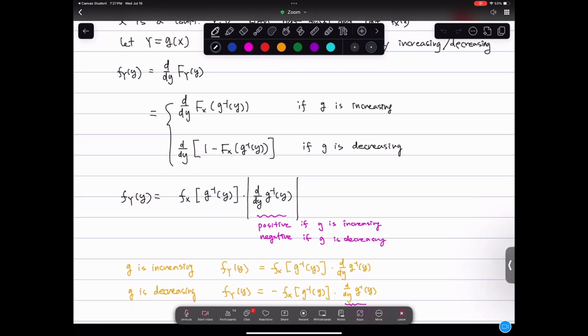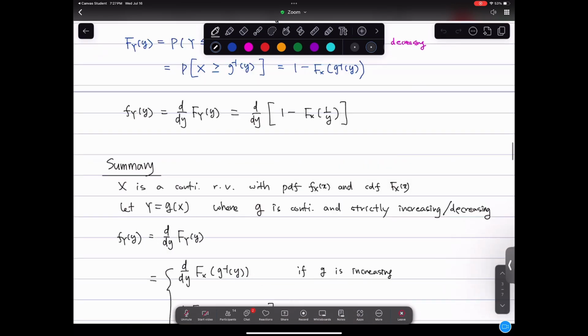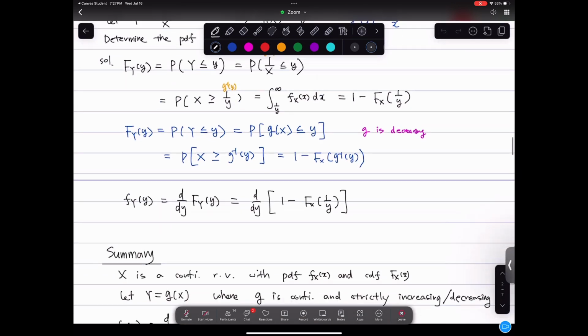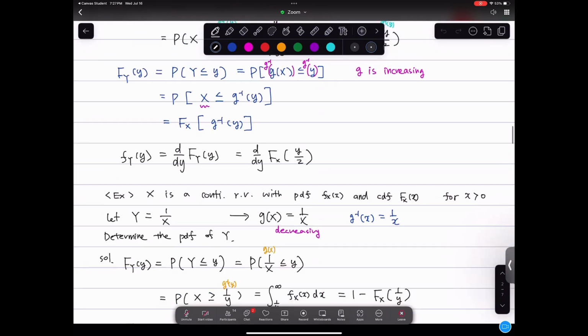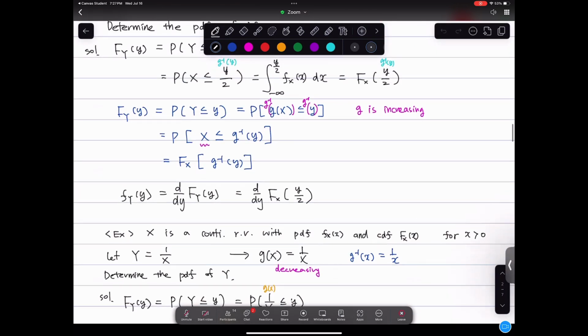So if you go, your y is a function of x. After you take the derivative to get the PDF, you have to take the derivative of that inner function.